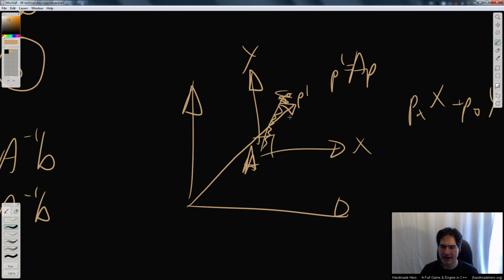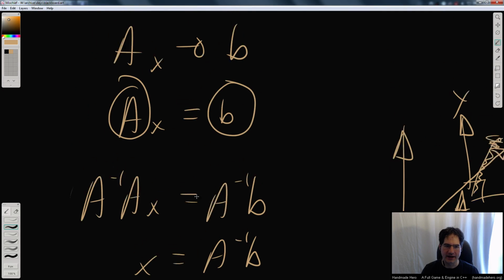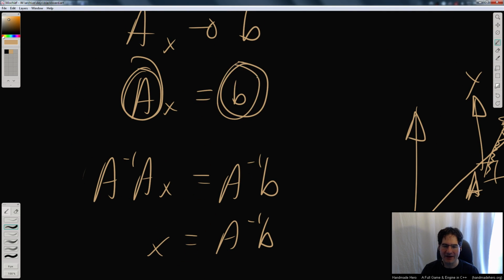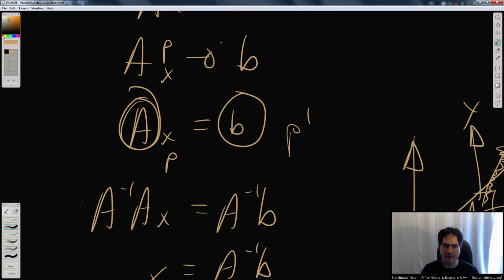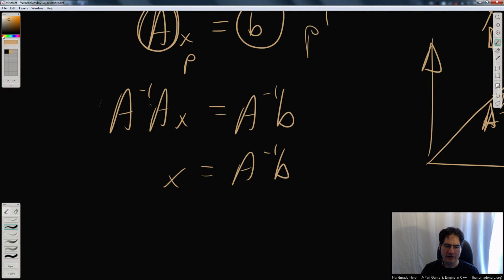That is this solve right here. Instead of Ax produces b, we have the A, we have the b, this is the P prime and this is the P. Instead of being given P and producing P prime, we want to go the other direction. That's exactly what the inverse allows us to do. It would allow us to multiply both sides and produce the vector that we actually want.